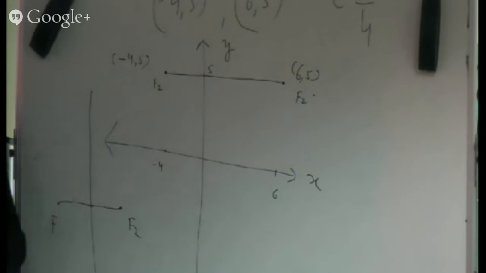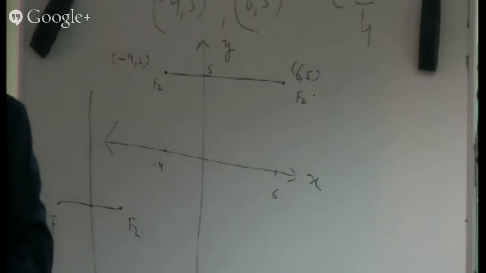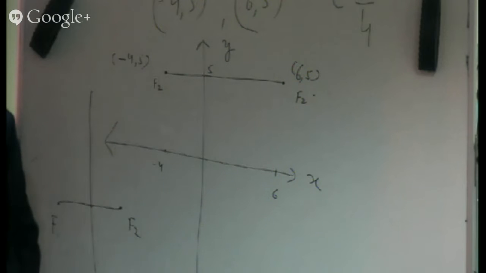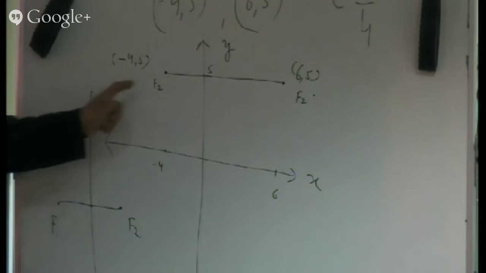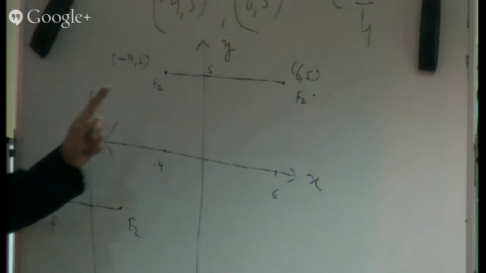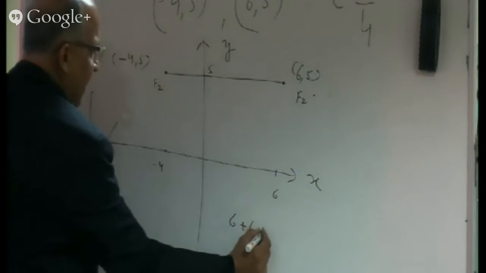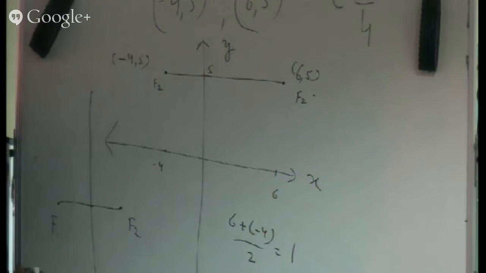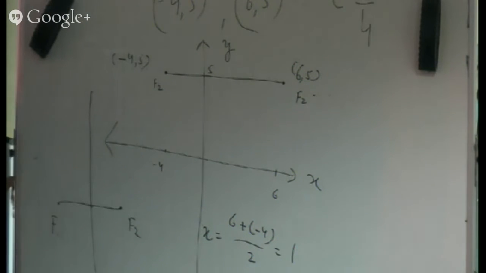So its equation is not going to be x square upon a square minus y square upon b square. In fact, where will be the center? Midpoint of the two. What is the midpoint? 6 plus -4 divided by 2. This is 1. So this is the x coordinate of the center of the hyperbola.